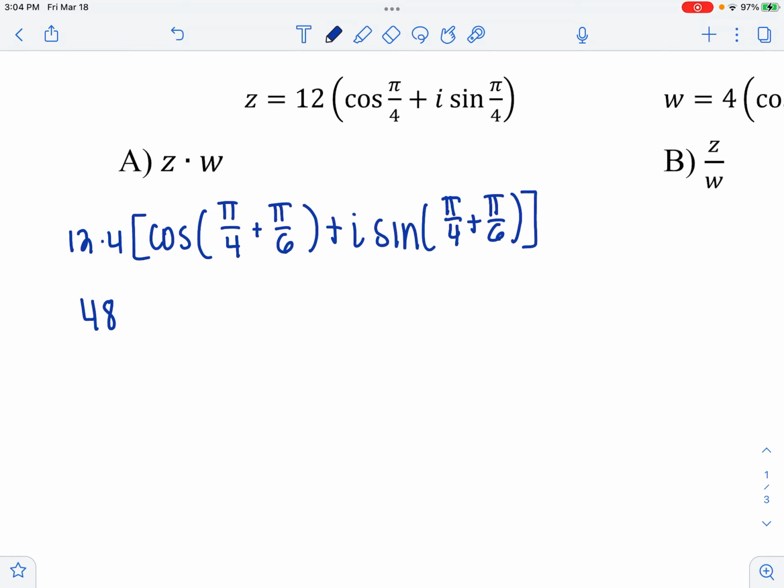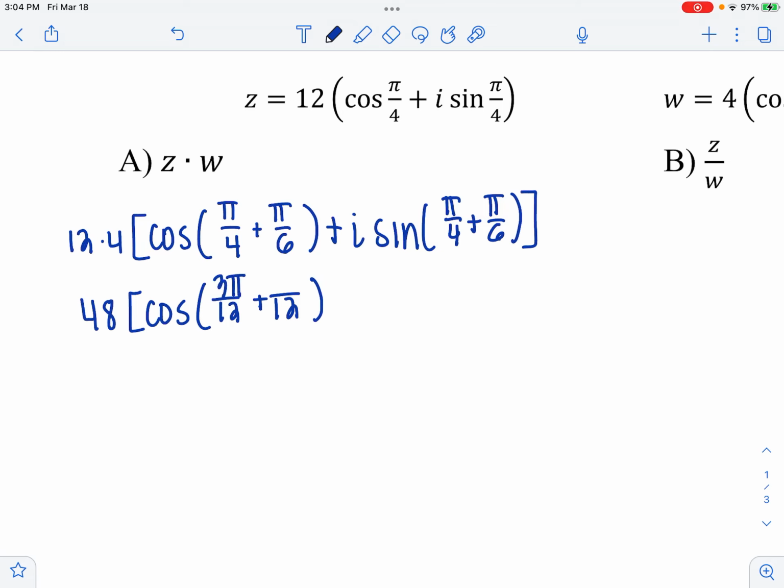And now I need a common denominator to add those two fractions. The least common denominator that I can get both a 4 and a 6 to be is 12. So I'm going to write cosine of, and put down my 12s for my denominators. To get a 4 to be a 12, I have to multiply by 3, so I multiply the numerator by 3. That's 3 pi.